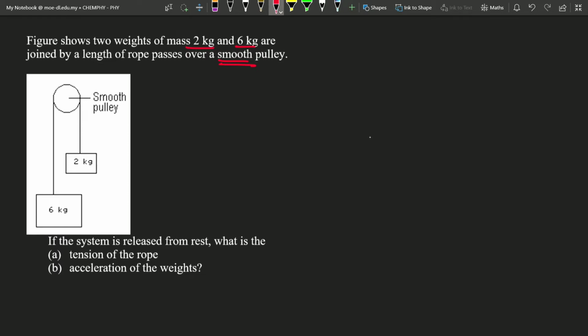Question asks, if the system is released from rest, what is the A. tension of the rope, B. acceleration of the weight? So tadi dah kata FAQ. Soalan selalu tanya T dan A. Dia selalu suruh kita cari dua benda ni. So first step, kita akan cari two equation. Second step, kita akan apply simultaneous equation, persamaan serentak.